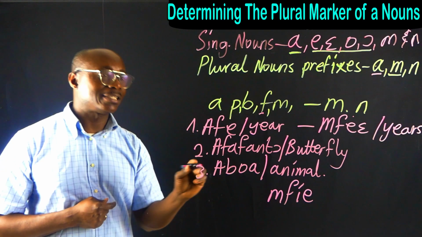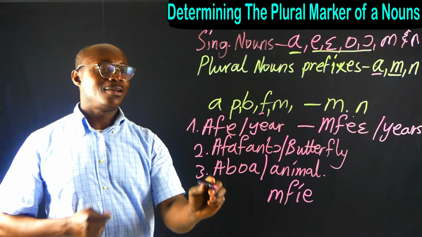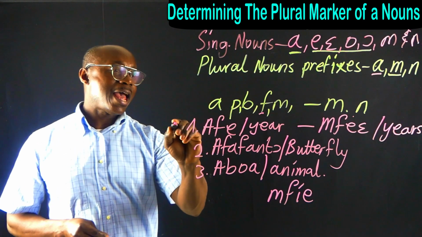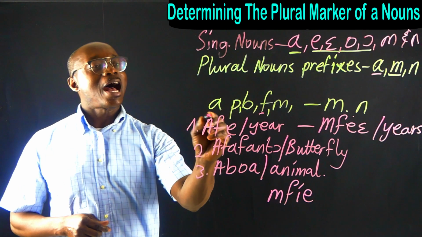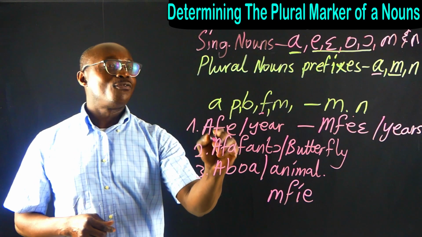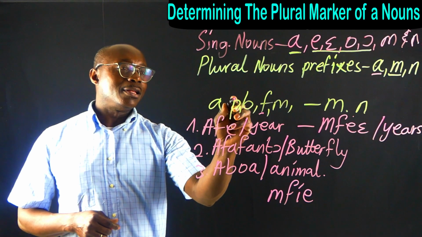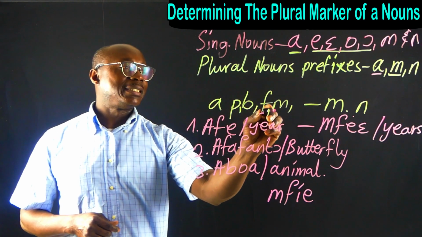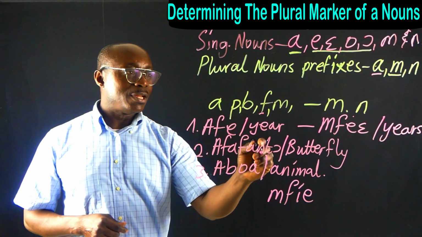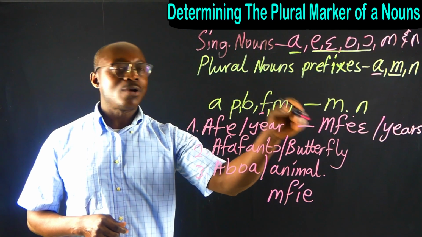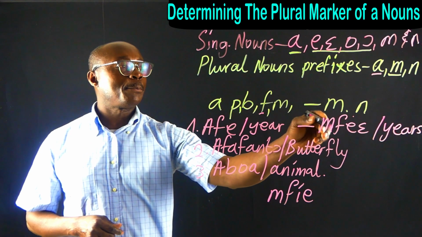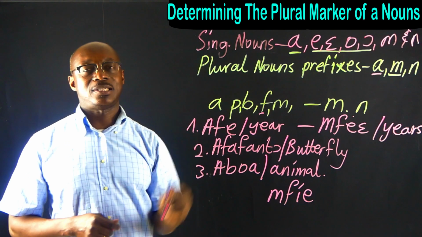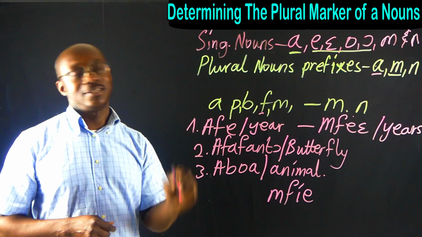Yes, yes. But the point here is that when you get a singular noun having the prefix a, followed by the consonant P, B, F, or M, then the possibility is that in the plural state, it will take m as what? Prefix. Good.